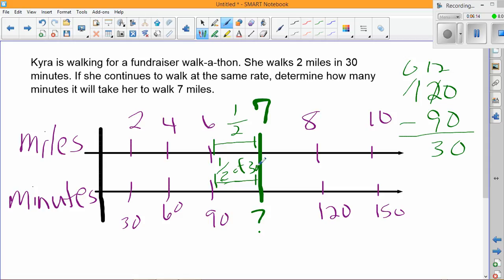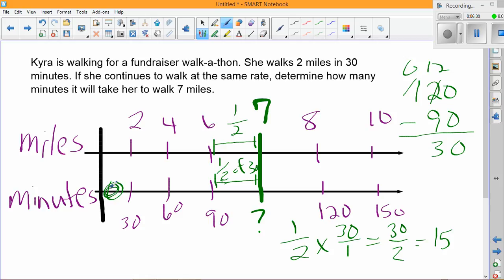Well, I could tell you that half of 30 is 15, but if we didn't know it, if it was a funny fraction, it just tells us to multiply. So 1/2 of 30 gives me 30 over 2, or 15. Now, does that mean that it corresponds with 15? No, because 15 would be down over here somewhere.